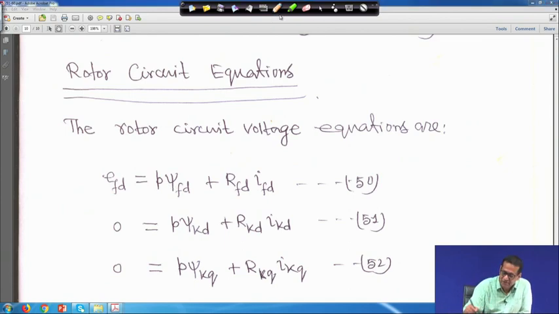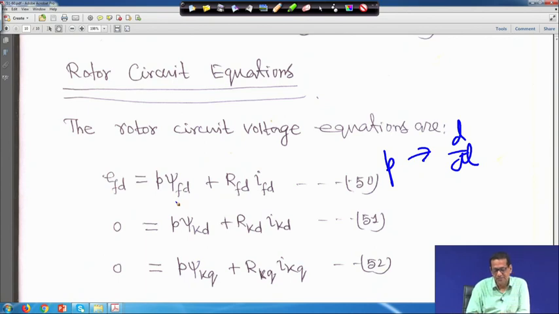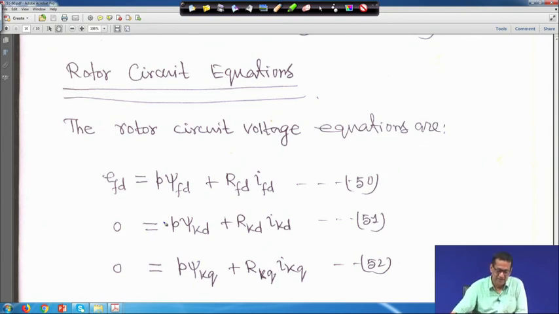The field equation is EFD is equal to P psi FD plus RFD IFD. This is equation 50. On the D axis you also have an armature winding, which is a closed circuit, so no voltage there: 0 is equal to P psi KD plus RKD IKD.